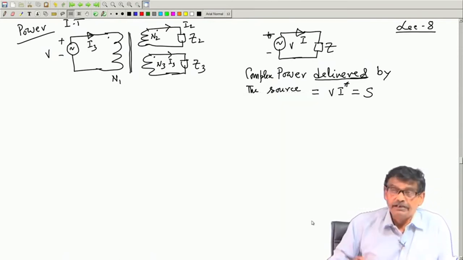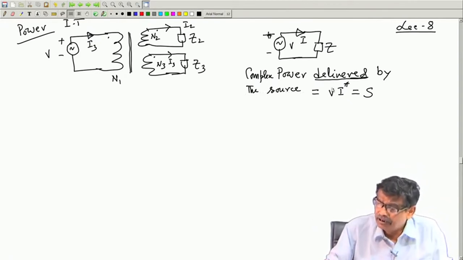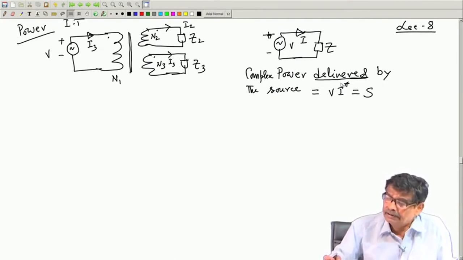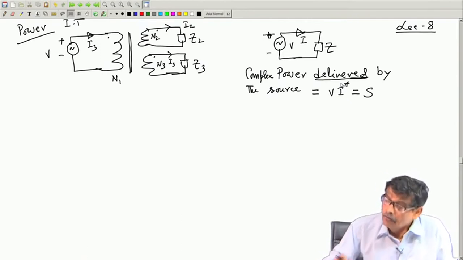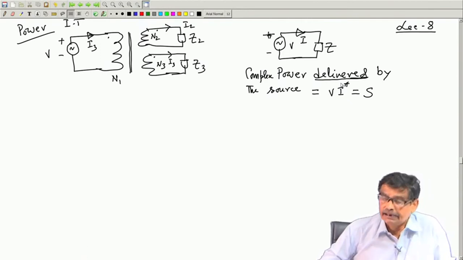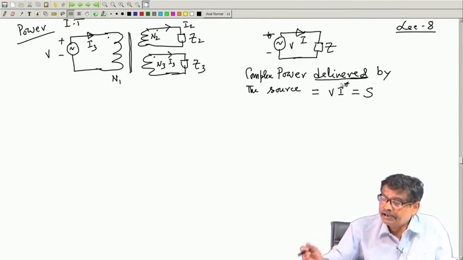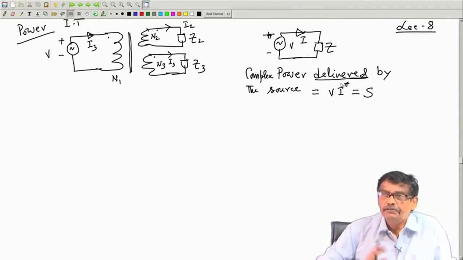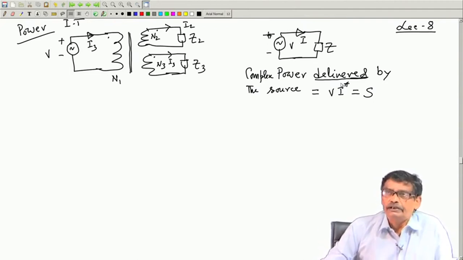Therefore, V I star you have to take. Mind you, V and I, although I am not putting bars, are complex numbers, and this gives you the complex power delivered by the source. Now, after calculating this, if both the real part and imaginary part become positive numbers, then I will say real power is delivered by the source, reactive power is delivered by the source.